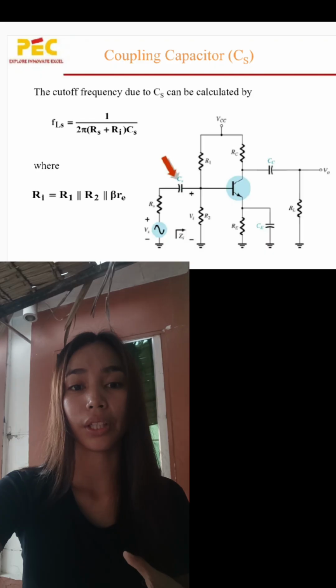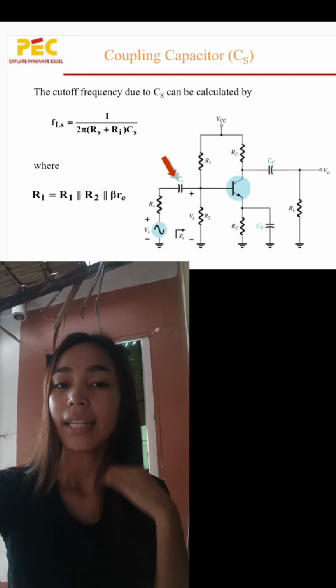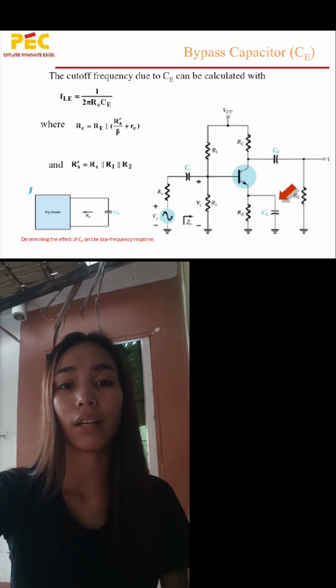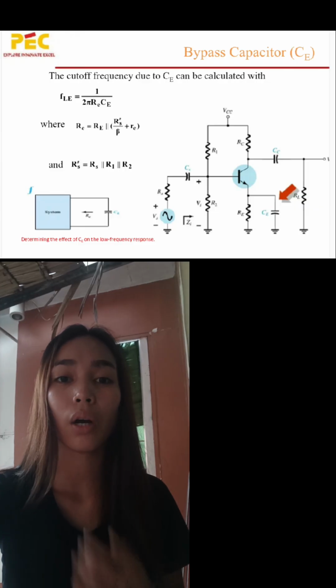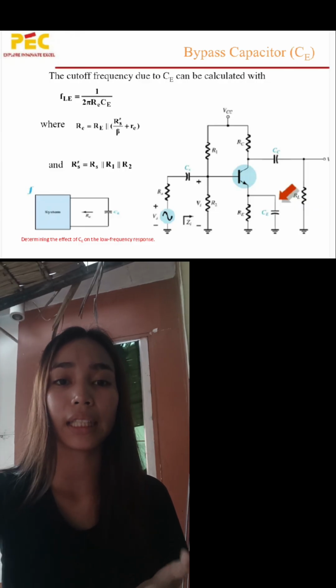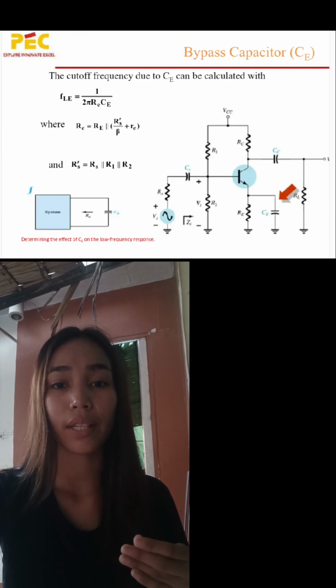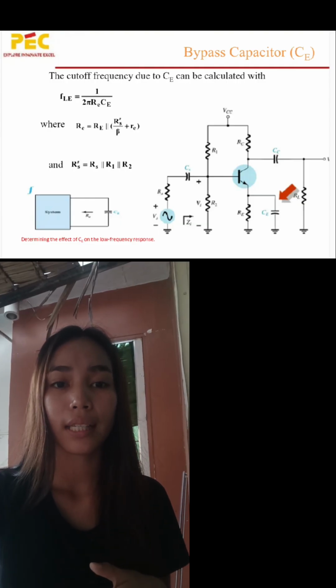Next is the formula of the cutoff frequency due to the bypass capacitor. It is F sub Le equals 1 over 2 pi Re times Ce. It also comes from the standard RC cutoff equation, Fc equals 1 over 2 pi RC.